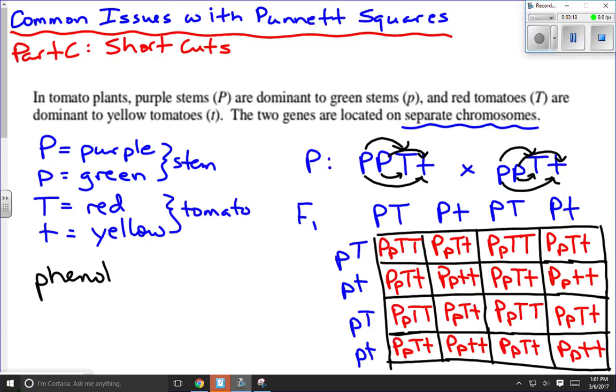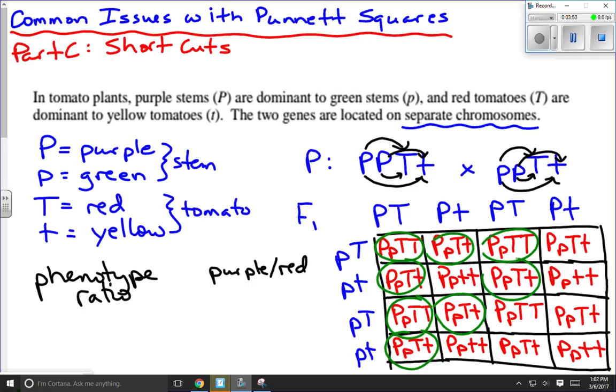Of course, that depends on what you're being asked in a particular question. But our phenotype ratios here, we can see that we have right here purple and red. So that's purple stems, red tomatoes. And we have 1, 2, 3, 4, 5, 6, 7, 8, 9, 10, 11, 12 of those.